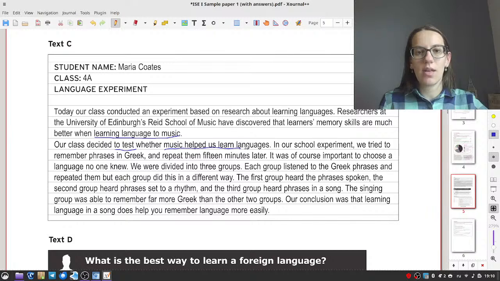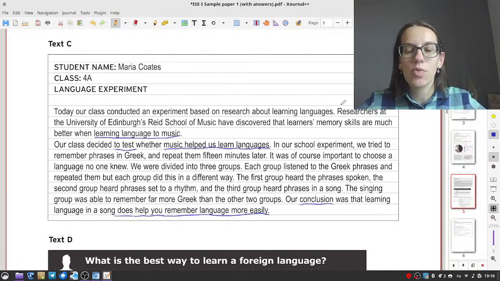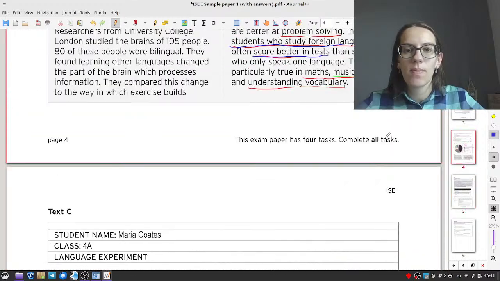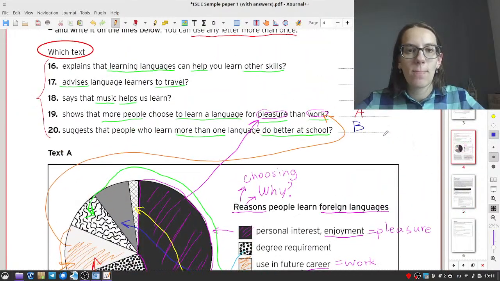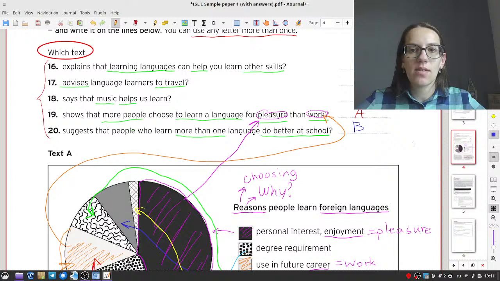First it says that they test if it's true, and then the conclusion, yeah, the conclusion is that yes, it does help you remember language more easily. It does help you. So music helps you learn a language. So this was for question 18. Yeah, so this is text C.